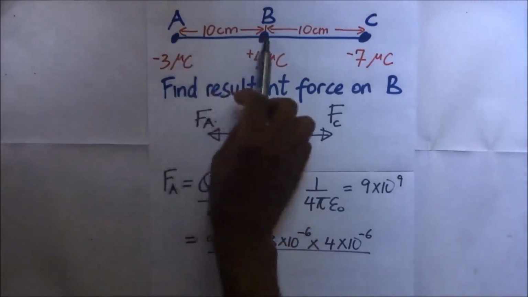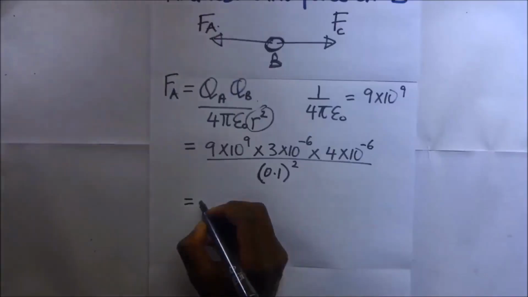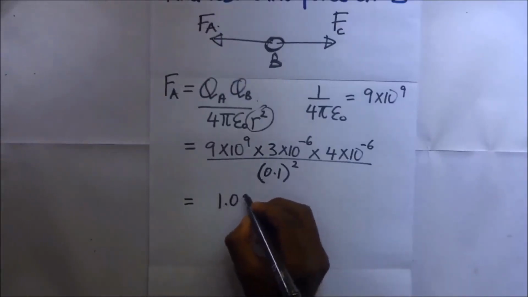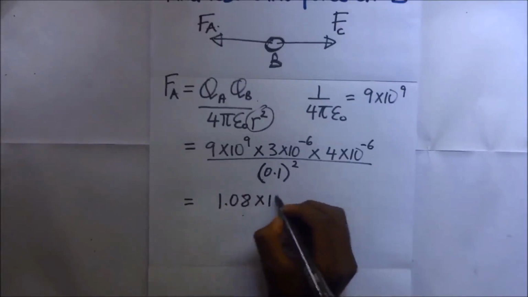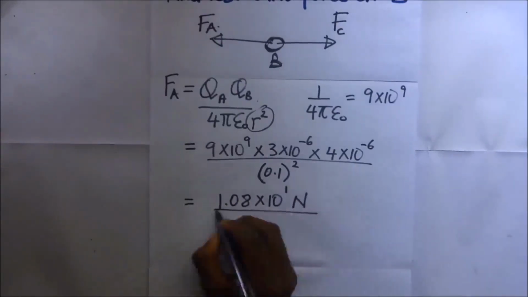The distance of separation between A and B is 10 centimeters. When we convert that to meters, it becomes 0.1 squared. And our answer there is 1.08 times 10 to the power 1 newtons.